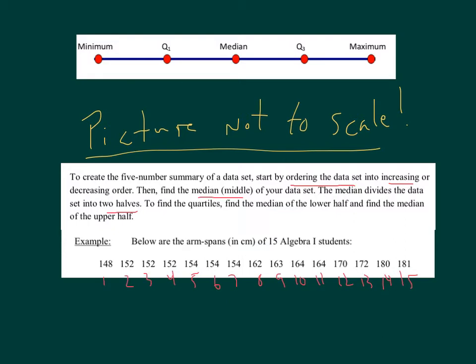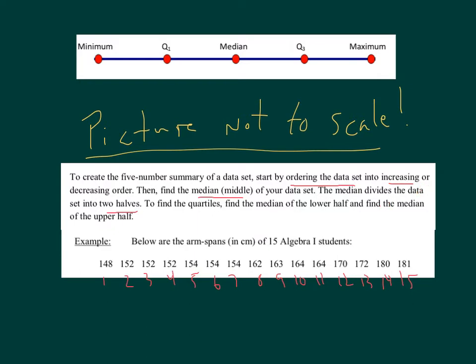In this data set, what I have are arm spans. Remember, this is all about quantitative data. Arm spans in centimeters of 15 algebra students. So here's student 1, 2, 3, onward and upward to 14 and 15. And we've ordered the numbers in increasing fashion.